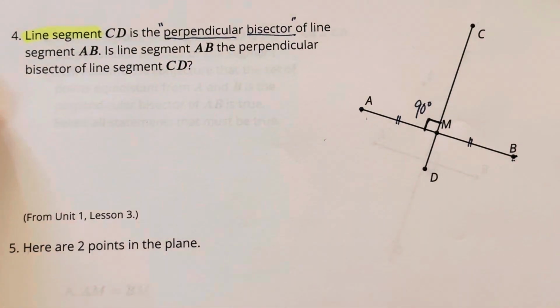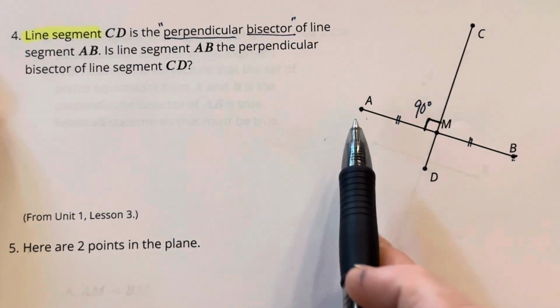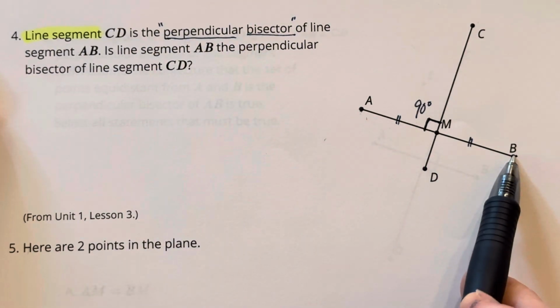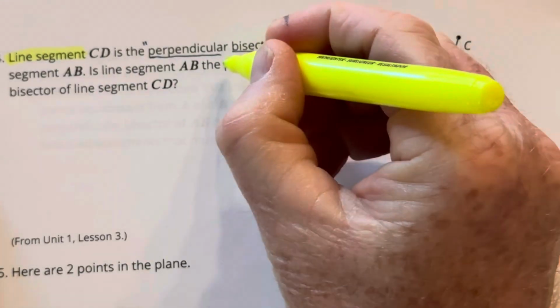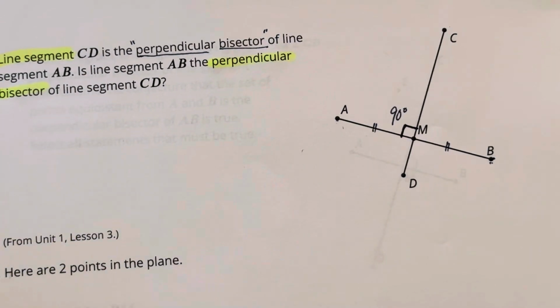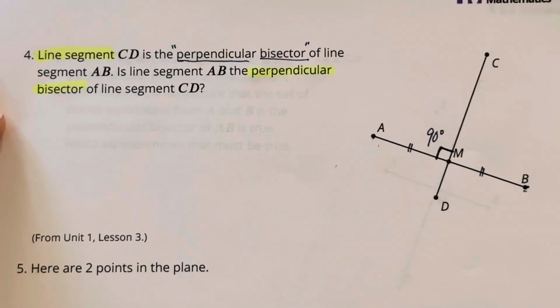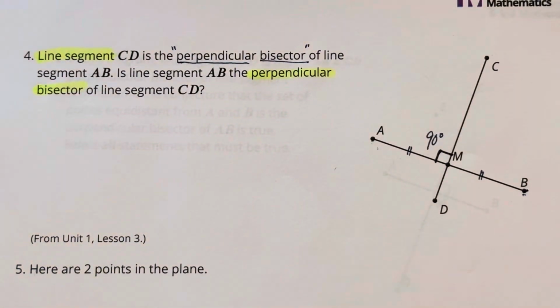Okay? So is line segment AB, here it comes again, the perpendicular bisector of CD? Well, it takes a little bit of reasoning, but let me help you a little bit.